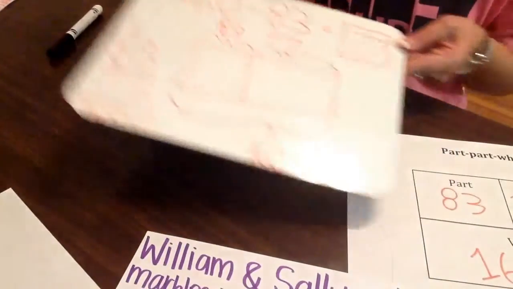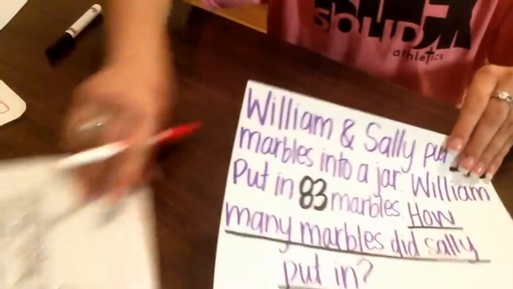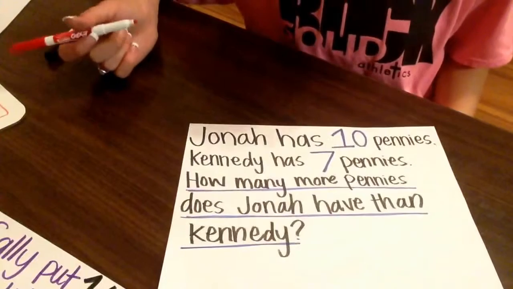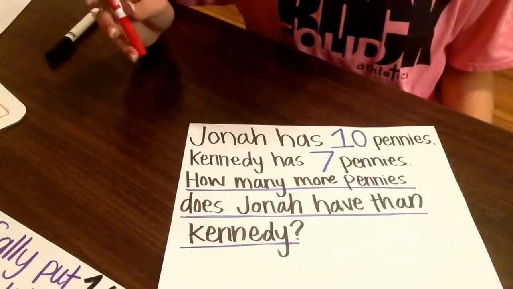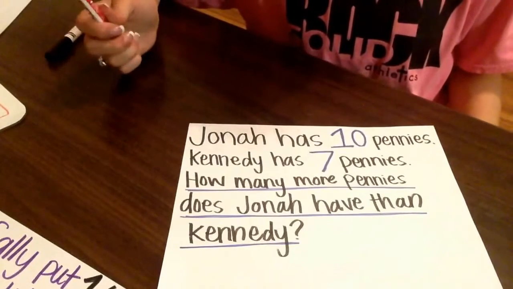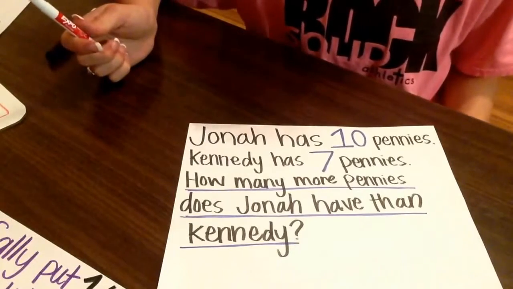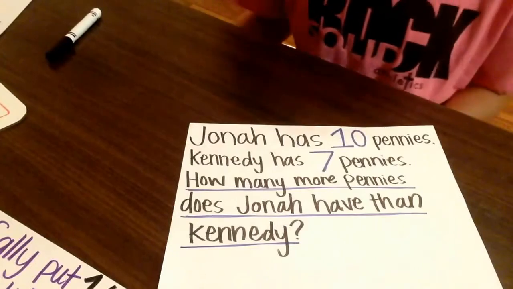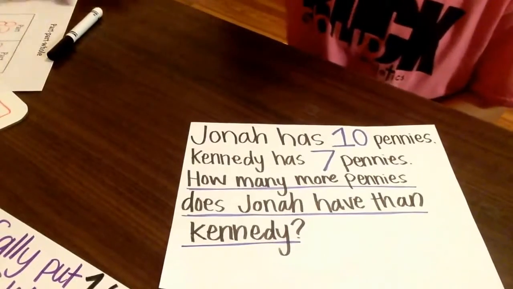Now let's look at another problem. Jonah has 10 pennies. Kennedy has 7 pennies. How many more pennies does Jonah have than Kennedy? Looking at this problem, we know that it is a comparison problem.